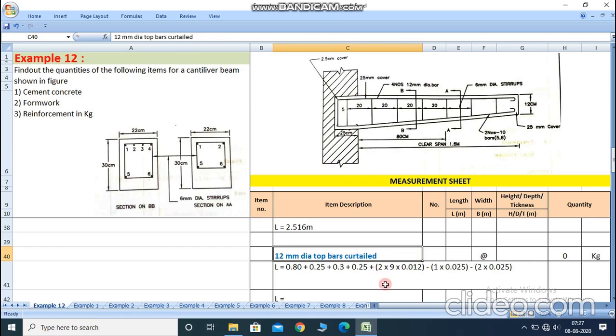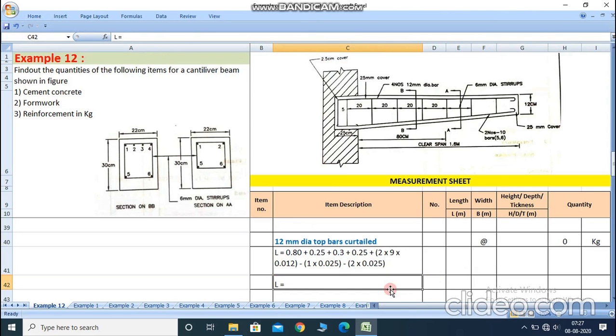So we got the answer. Here we got the answer for the 12 mm diameter top bar curtail, 1.741 meters.